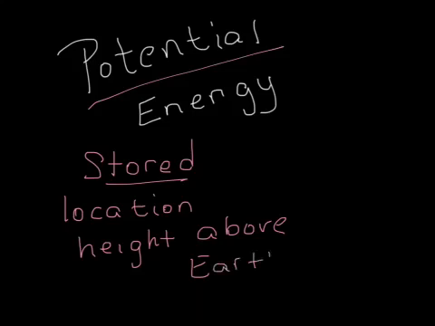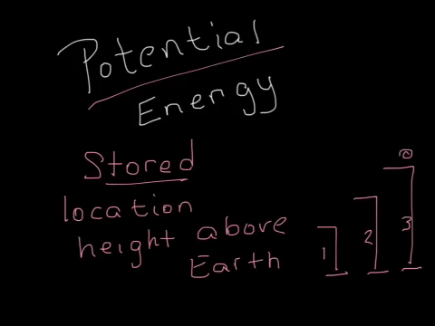So when you have something at an elevation, as the height goes up, potential energy goes up. So potential energy is the greatest at 3 and the least at 1 because it is a greater height at 3 than it is at 1.